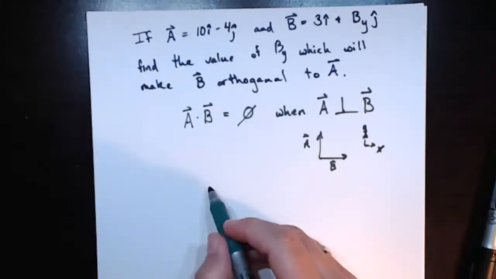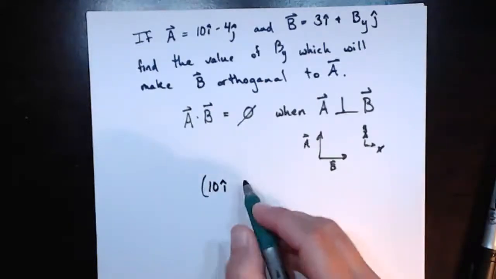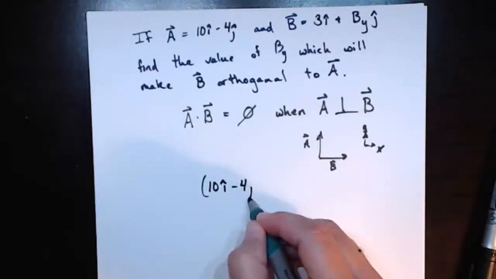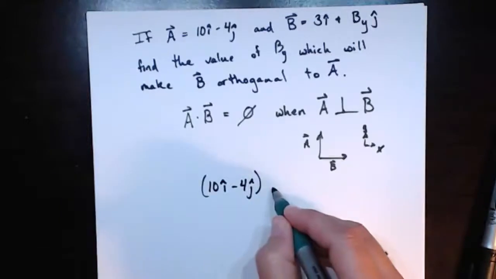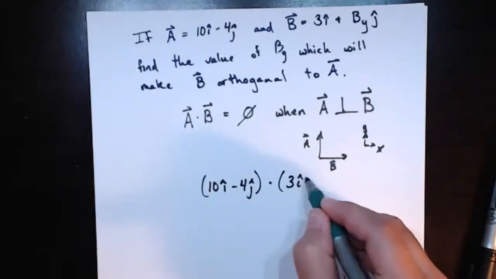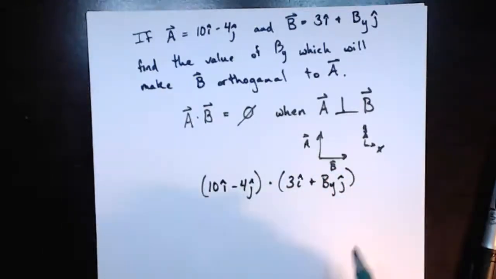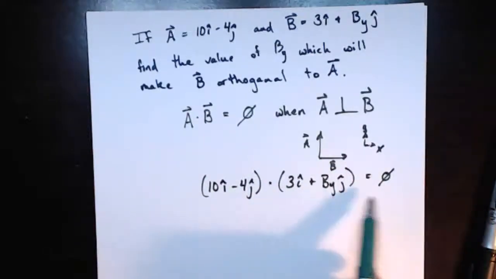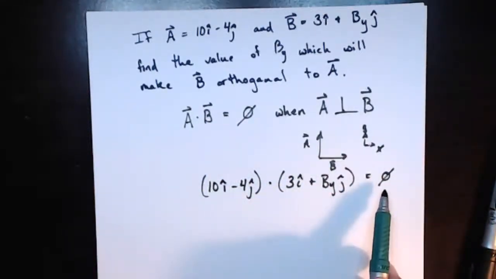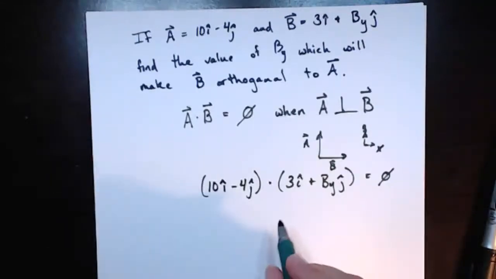All right, so then we're just going to set up our dot product. 10 i hat minus 4 j hat dot 3 i hat plus B sub y j hat equals 0. Whatever B sub y I solve for from this equation will force this vector to be perpendicular to that vector because I've set the result to be 0.